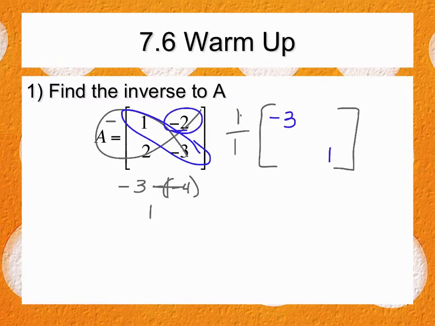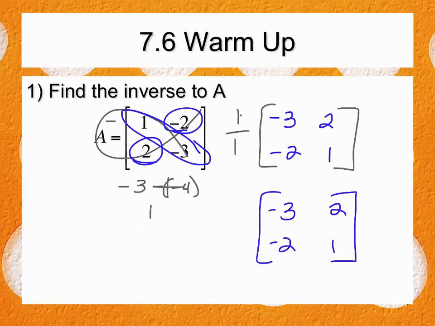And then I'm negating the signs on the other two, so that becomes a +2 and a -2. And this is just a scalar of 1, so if I multiply that in, it stays the way that it is. If it was a number other than 1, obviously, it would change the values inside.